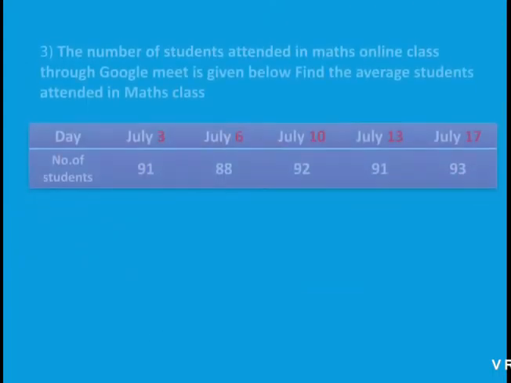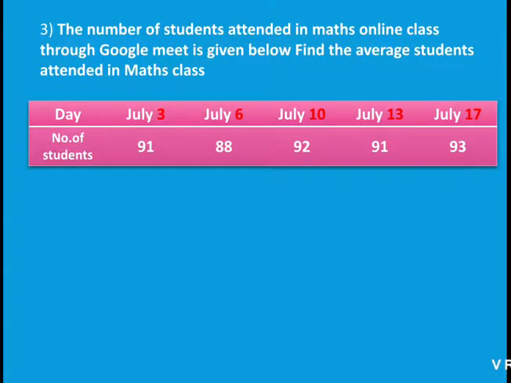Then third question. The number of students attended in Maths online class through Google Meet is given below. Find the average students attended in Maths class. This is a list of students attended. How many Maths classes are here?